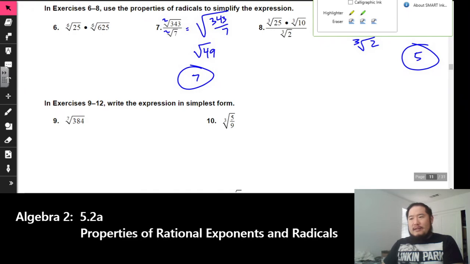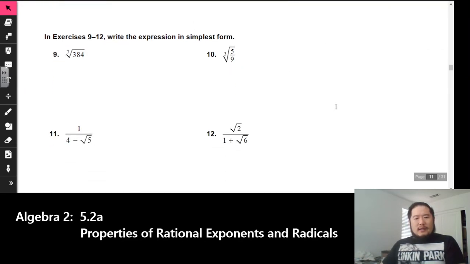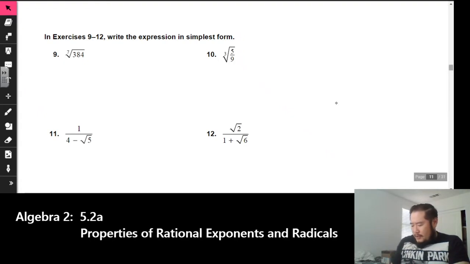Now we're going to take a look at some of the more challenging problems here. Simplifying an expression, or write the expression in simplest form. Okay, so let's see what we could do here. One of the tricks is to try to figure out what the different perfect squares are.